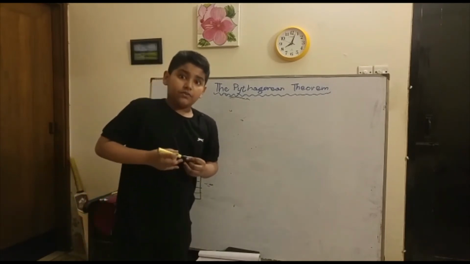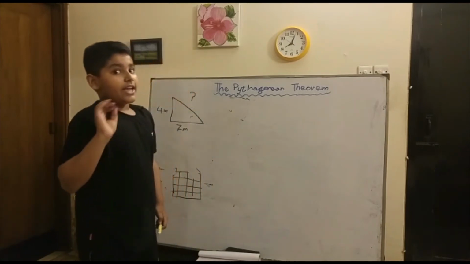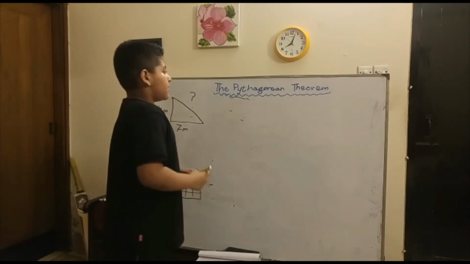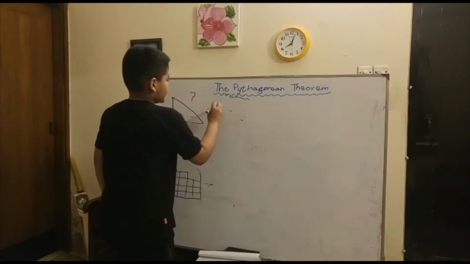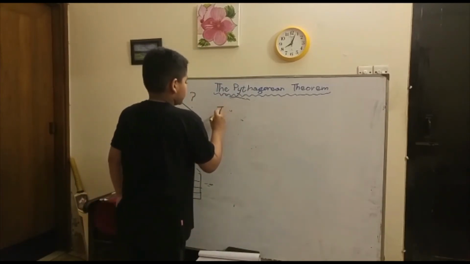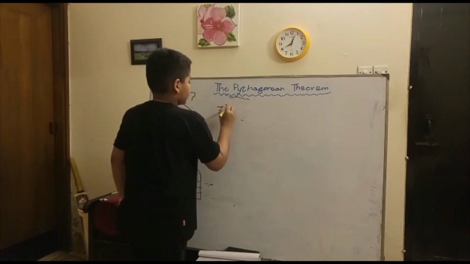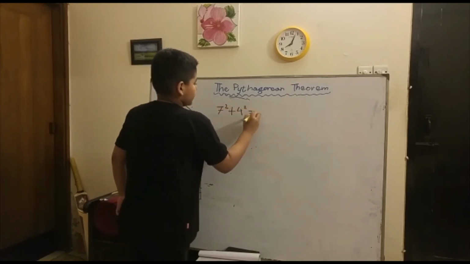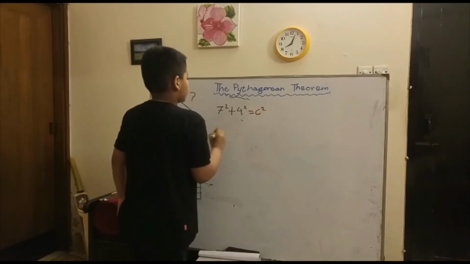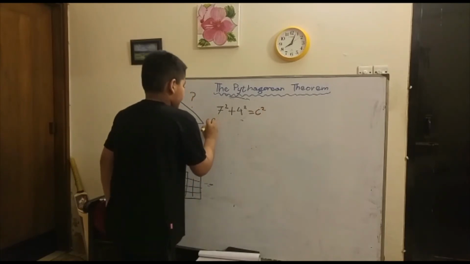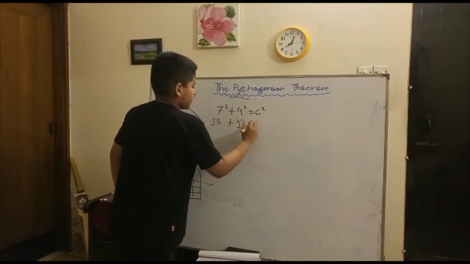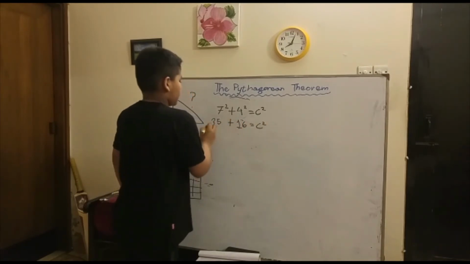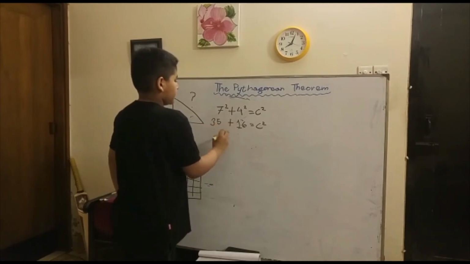Now, time for some algebra, exponents and square roots background. To find this out, we need 7 squared plus 4 squared equals c squared. We square the 7, 49, plus 4 squared, 16, you know, those boring things. Now add them up.